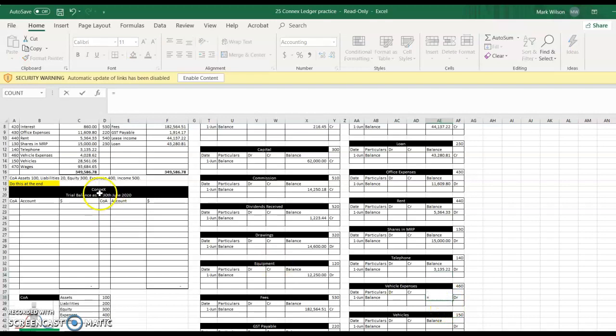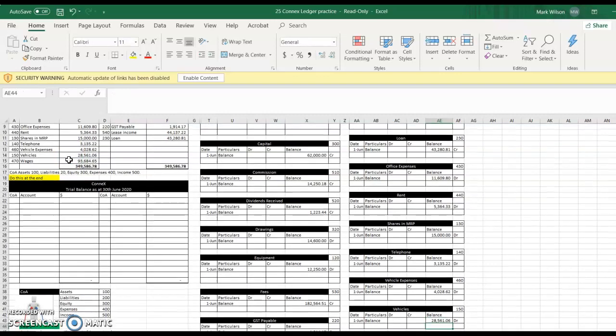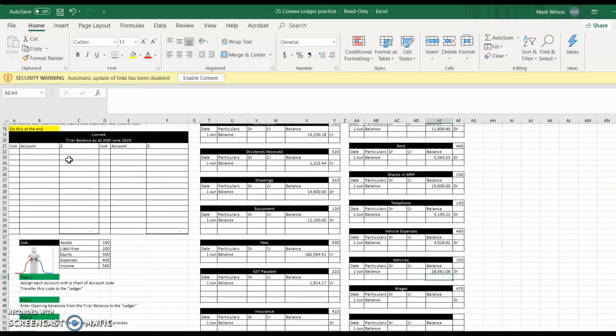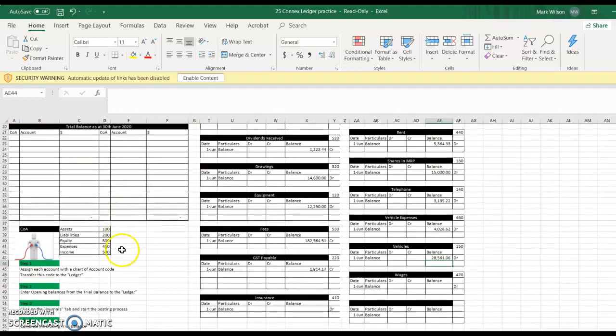Vehicle expenses. And vehicles, they're a debit balance because it's an asset. Remember, on the debit side are asset and expenses. Okay, and just wages and insurance, I think you got left. Wages.